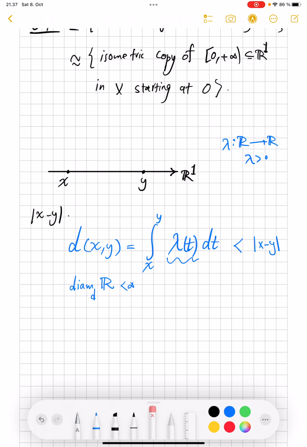That will be the distance to infinity, from x all the way up to infinity, the integral of lambda(t) dt, and that can be finite, of course, by forcing lambda to go down pretty fast. So that's the idea of how you can play around, starting with some distance.